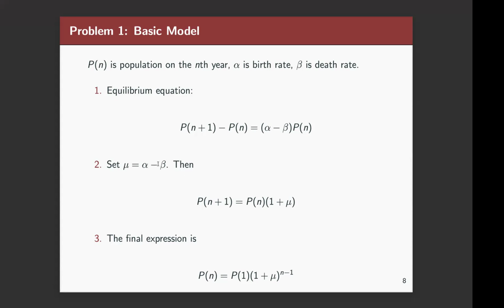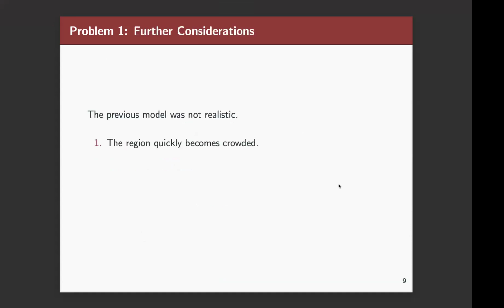The problem is because we have set mu to be a constant, which is of course not true. And yeah, so the previous model wasn't realistic. And if we want to understand why, there are several factors that come into play. So first of all, if we run the model for a long period of time, then the region quickly becomes crowded.